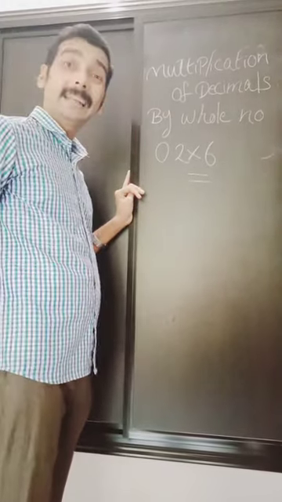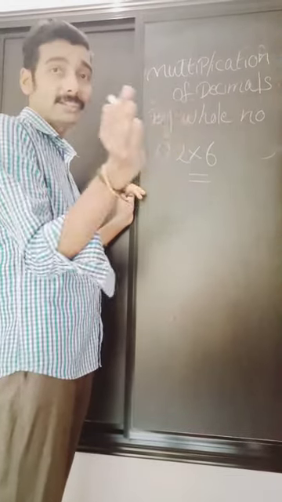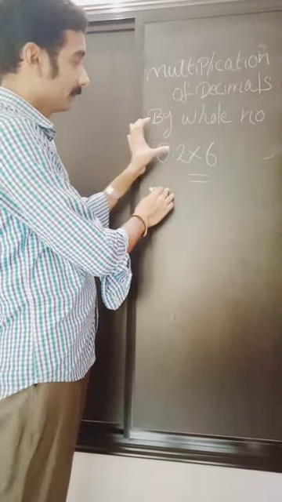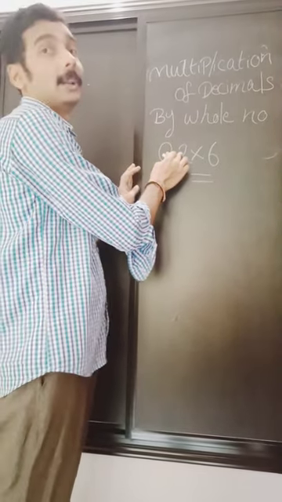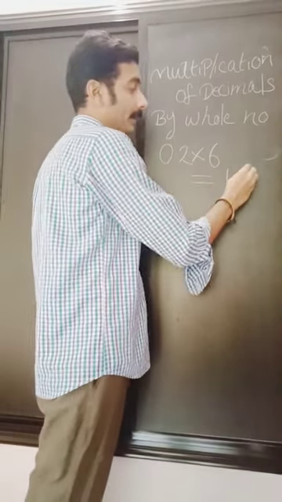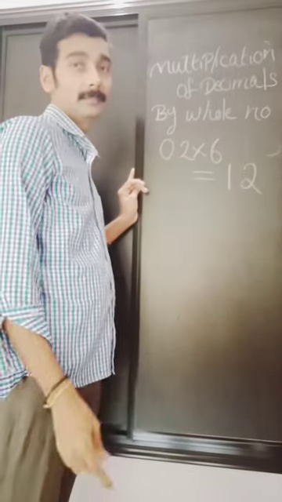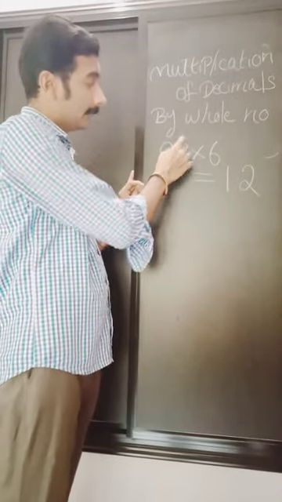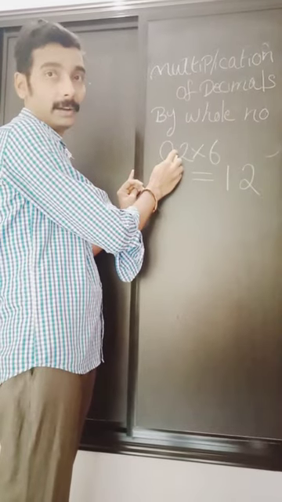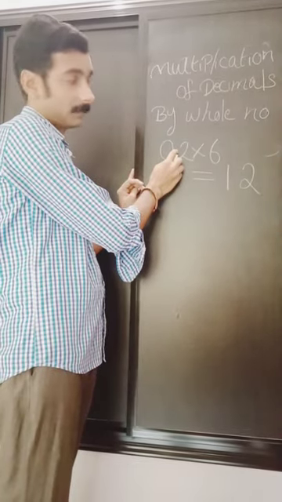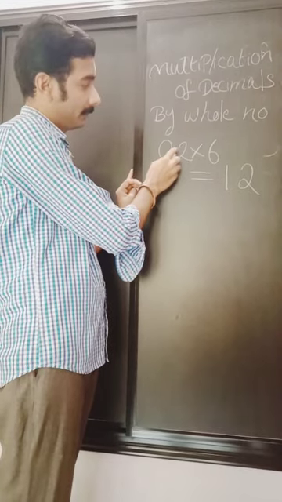Then you multiply. You first avoid the decimal. 6 into 2, 12. Then the number of decimal places is 1.